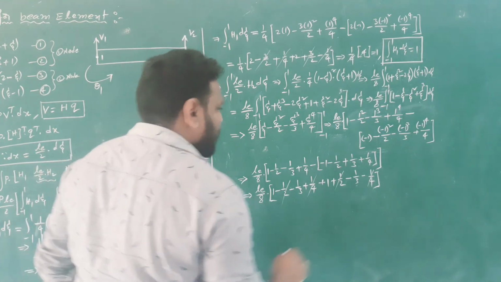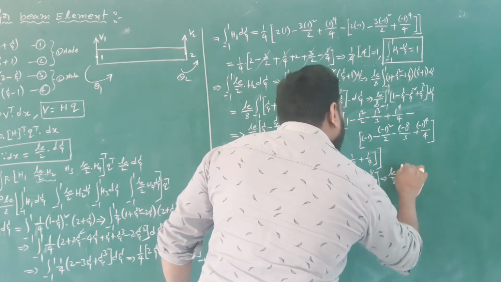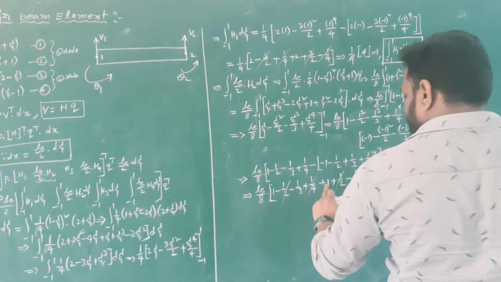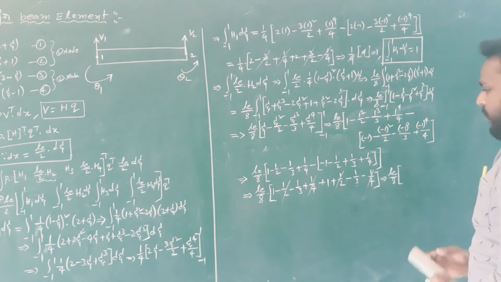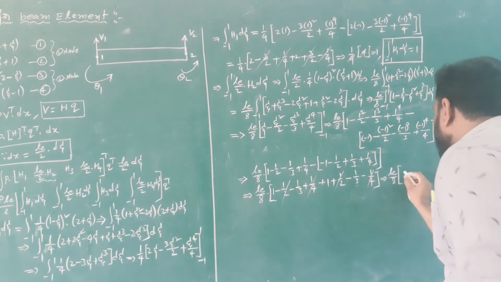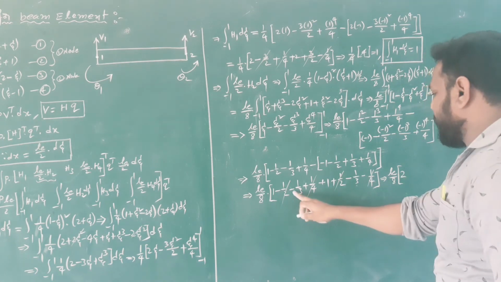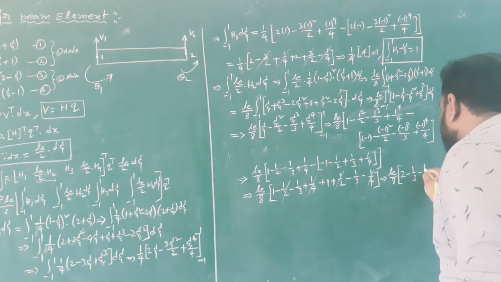Just write it here. LE by 8 into the remaining, 1 plus 1, that is 2. Next the remaining minus 1 by 2, and write 1 by 3 minus 1 by 3.